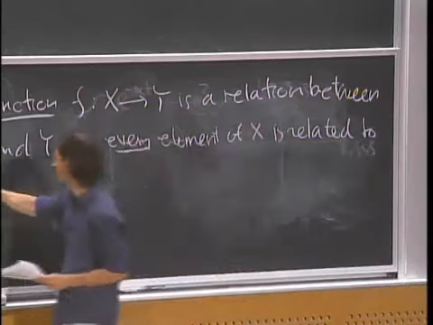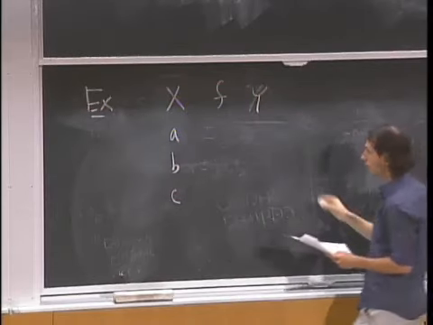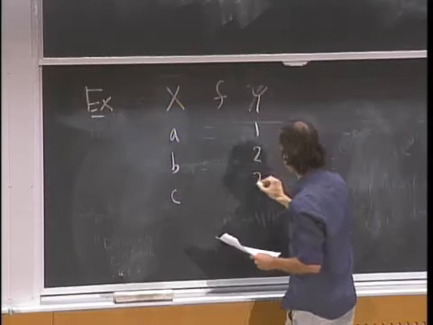So let's see a couple of examples, first of a function, and then of relations that are actually not functions. Suppose we have a mapping from x, which just contains the elements a, b, and c, just in line with this example over here. And we have a mapping f that maps to the set y, which is just the numbers 1, 2, and 3.